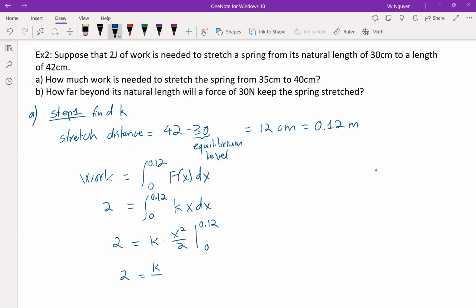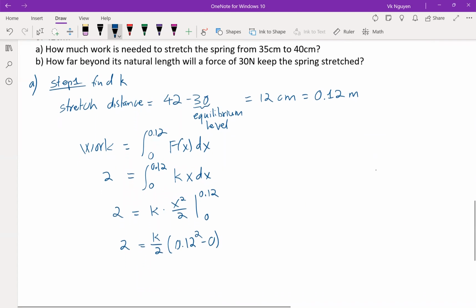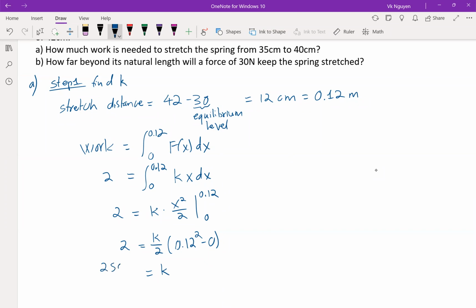So 2 equals k over 2 times 0.12 squared minus 0. And then from here, k would be, I'm going to use an actual fraction here, 2500 over 9.